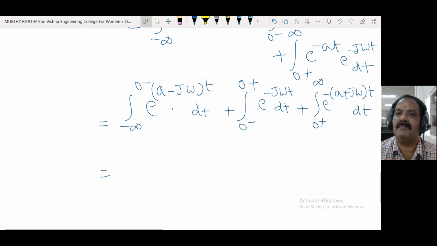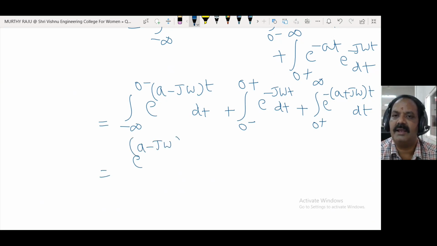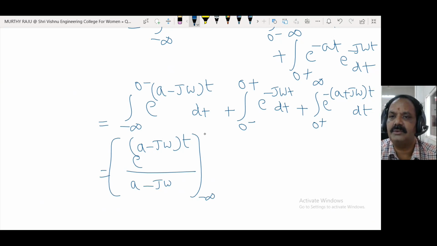The integral of e power a minus j omega t is e power a minus j omega into t by a minus j omega, with limits minus infinity to 0 minus. The middle term is e power minus j omega t by minus j omega, between 0 minus and 0 plus.